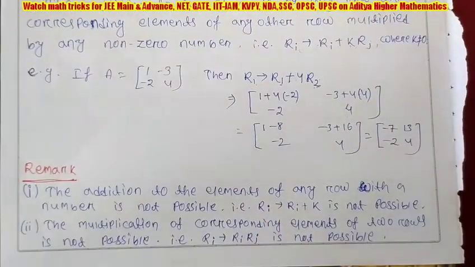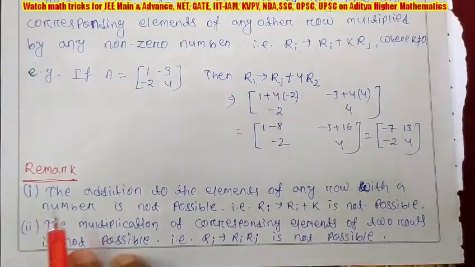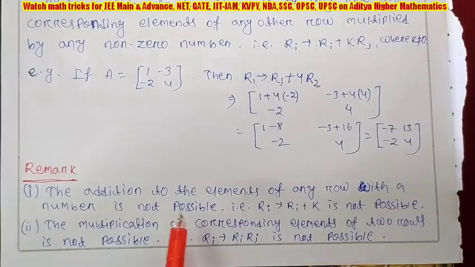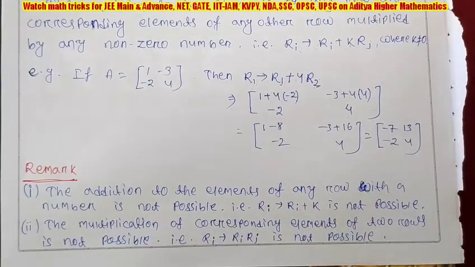Then there are some remarks on what you cannot do in elementary row operations. The addition to the elements of any row of a number is not possible. That means in rule 3 I am saying addition of two rows is possible, or addition of one row to another row multiplied by a non-zero number is possible, but addition of one row and a number is not possible.